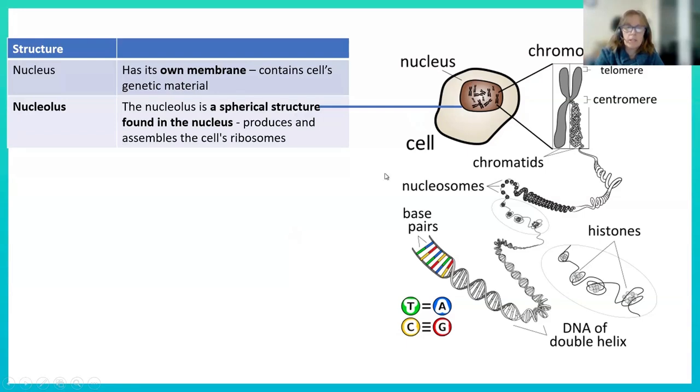That's just the nucleus. It contains something called the nucleolus, and that's a spherical structure, just a sort of ball-like structure, which produces and assembles something called ribosomes. And we'll talk about them as well later on. They're really important in making proteins.